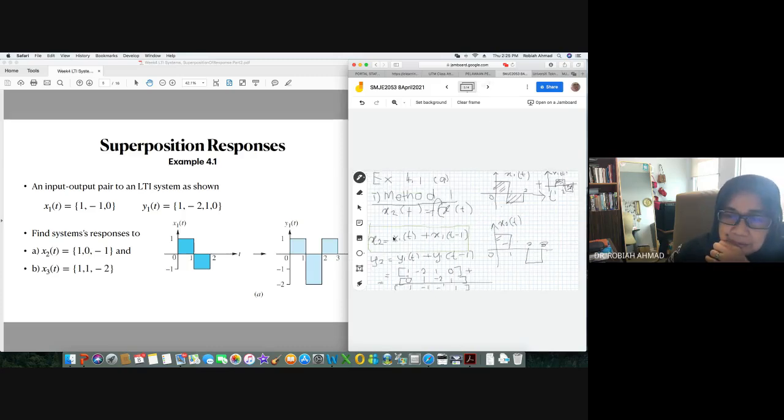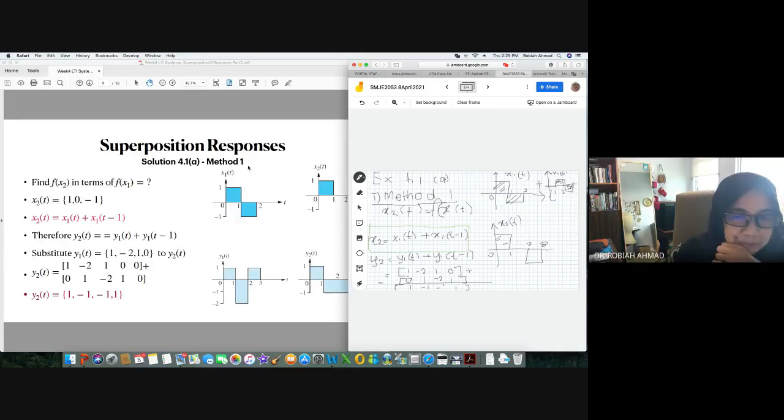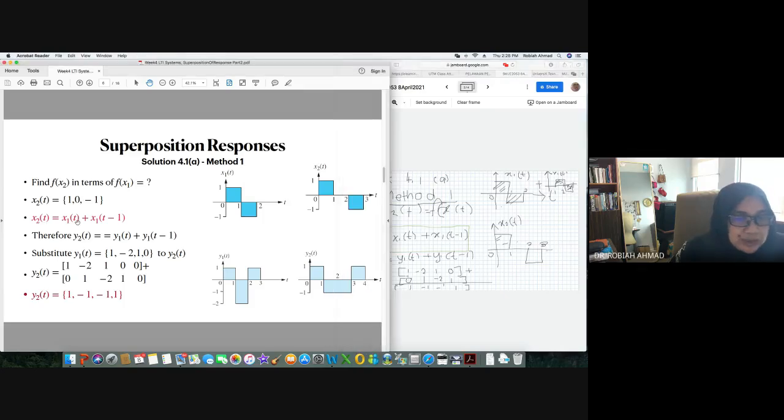So this one is the input for X2, so we need to find Y2. This one is X3. So the first step is to look at the relationship between X1 and X2. To get X2 it is X1(t) plus X1(t minus 1).